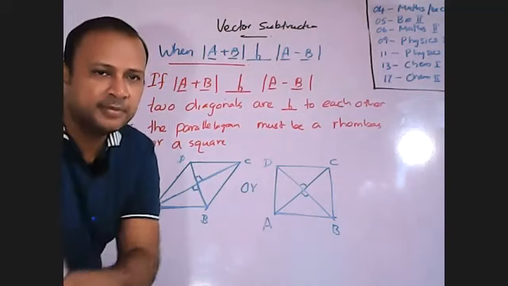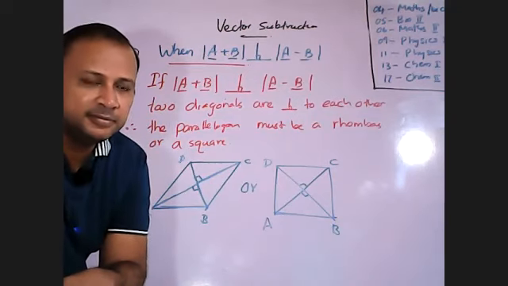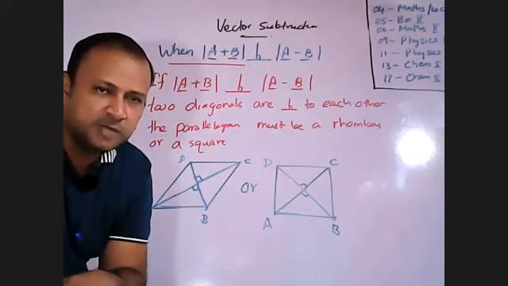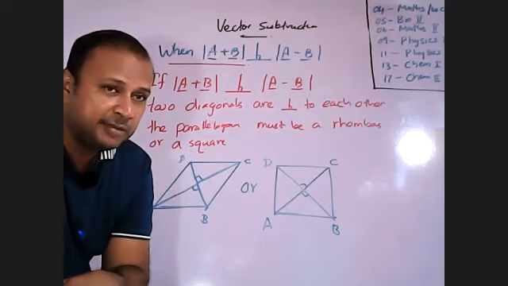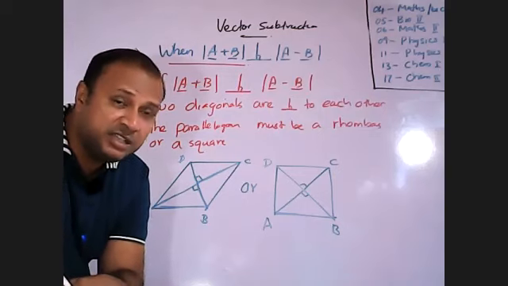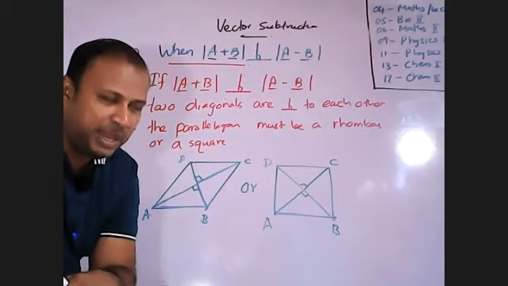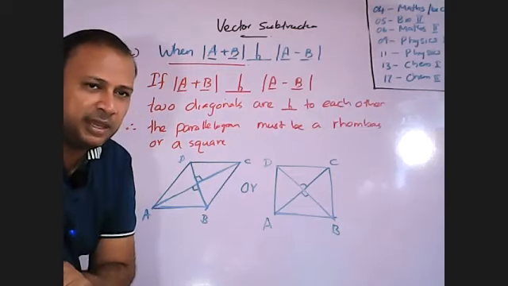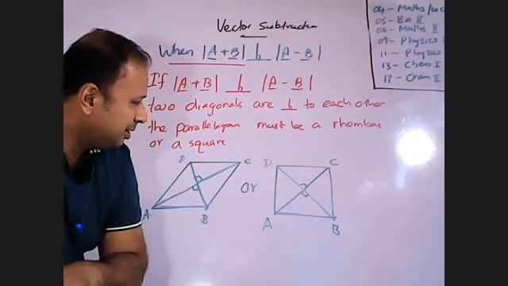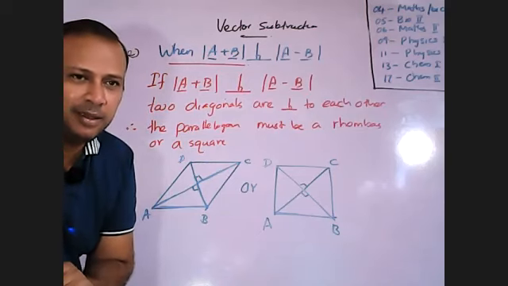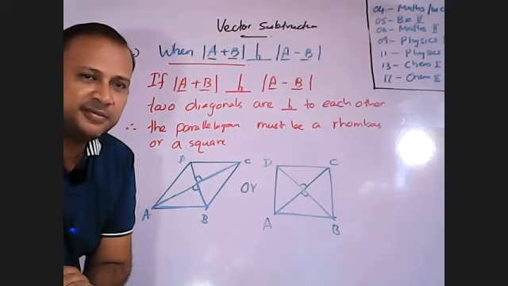The diagonals bisect each other, but we cannot convert that into vector terms. So we have to convert this into vector terms. What is the most appropriate common feature that can convert into a vector feature?